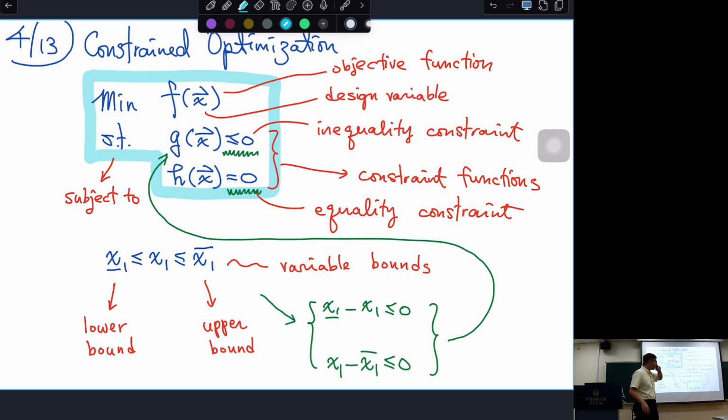And so you can set up lower bound as 0. So x1 could be the thickness. So x1 must be larger than 0. If you set up this variable bound, during the optimization process, your solver is not supposed to find a variable of thickness that is negative. The optimization process has to stay within this feasible space.